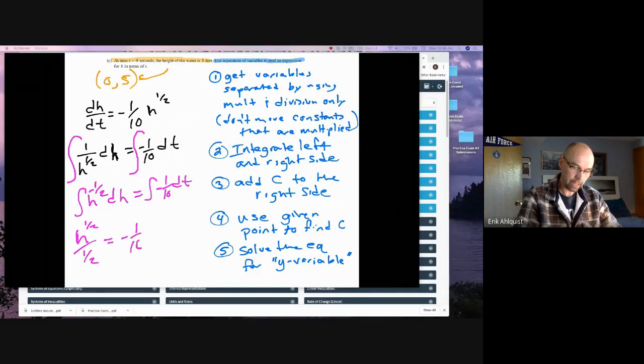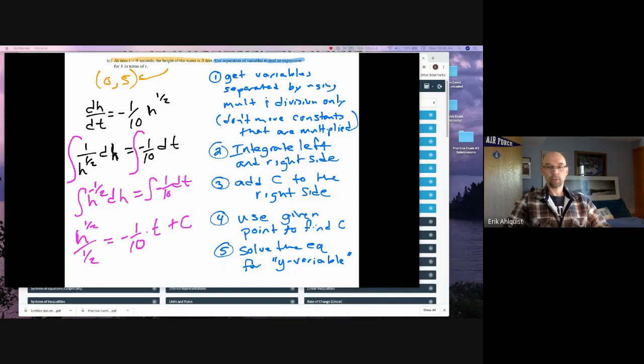That's just a constant. We don't get rid of it. We keep it. We now have a t variable in there. And then we add plus c. So that line right there is actually both steps 2 and 3. I've integrated the left side, I've integrated the right side, and I've added the plus c. Any questions on that?